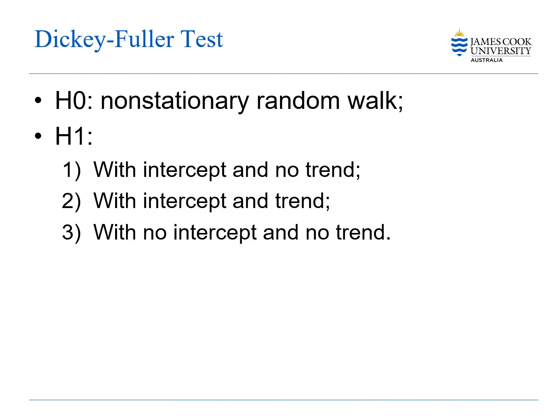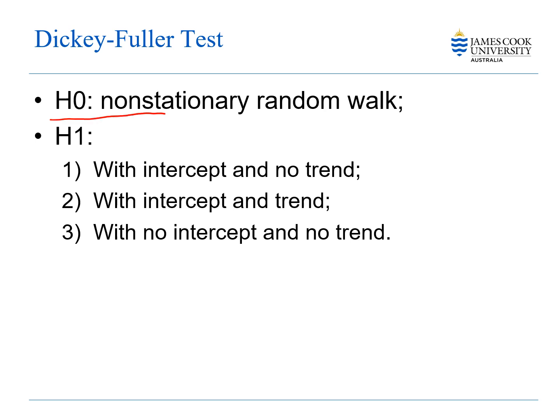Right, so we want to test whether a time series is stationary or not. As in the usual process of hypothesis testing, we need to have the null hypothesis and alternative hypothesis. We have one null hypothesis for the Dickey-Fuller test.